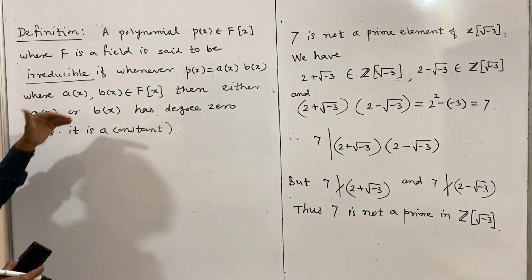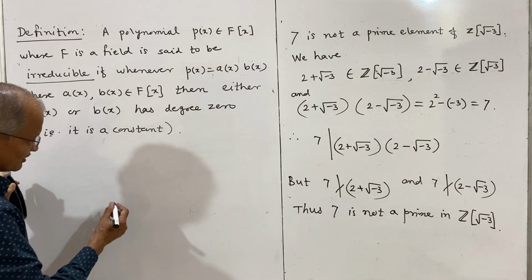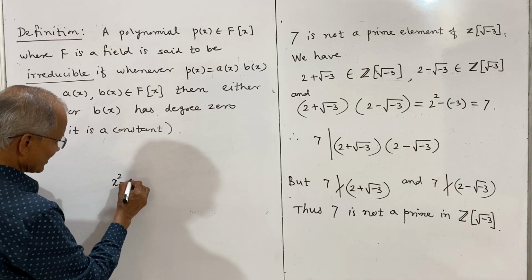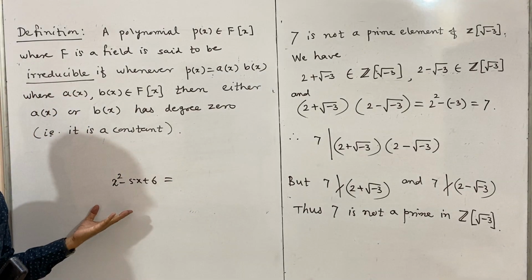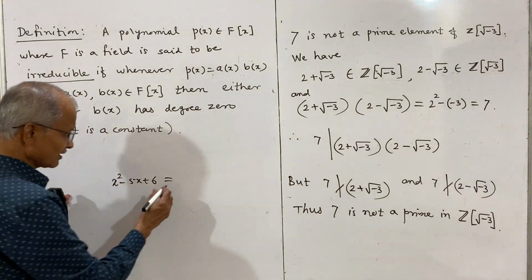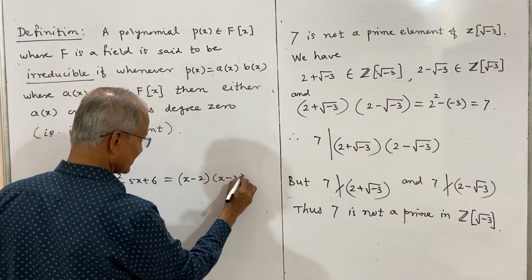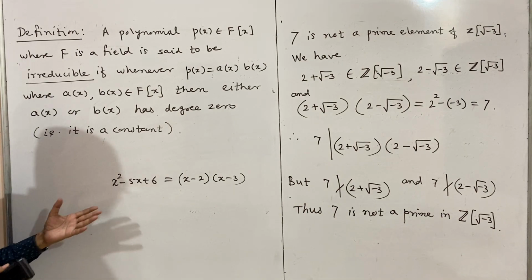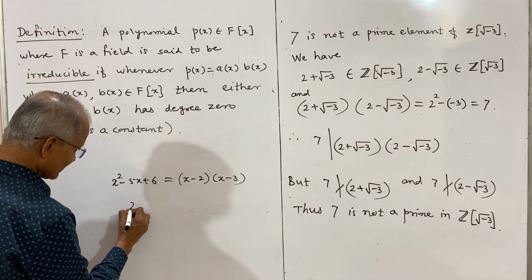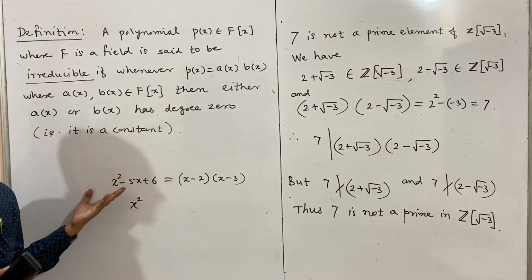It is easy to verify that x square minus 5x plus 6 is not irreducible because we can write its factors as x minus 2 and x minus 3, and therefore this is reducible, in the ring of integers or in the field of real numbers.